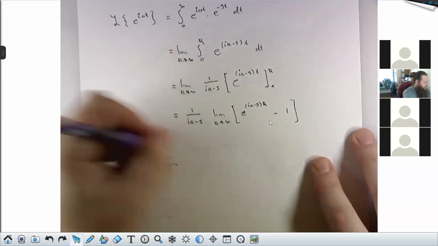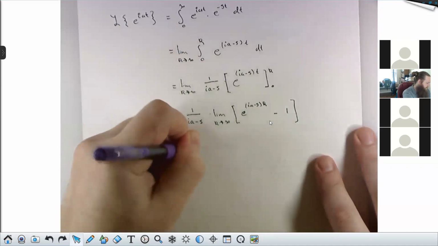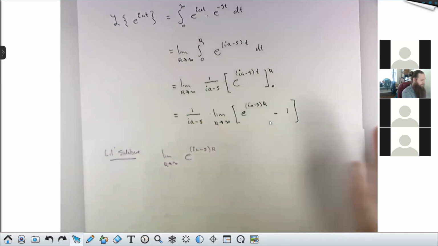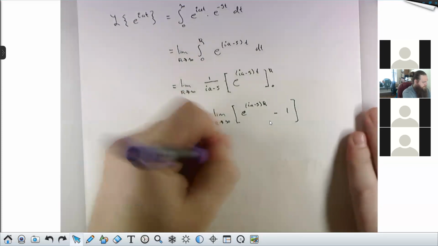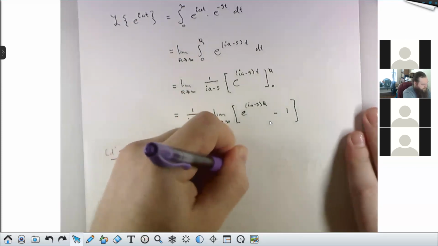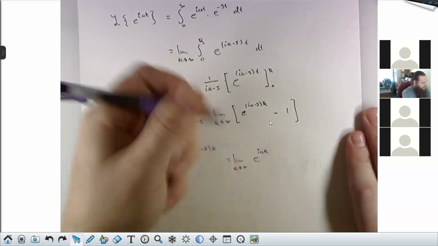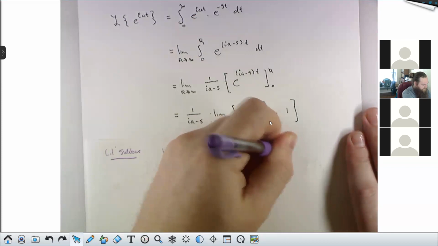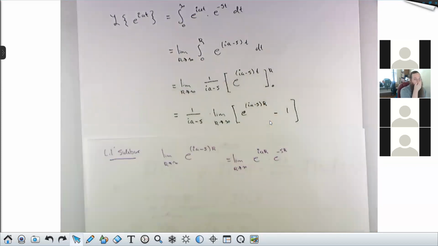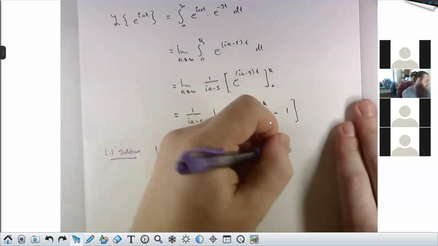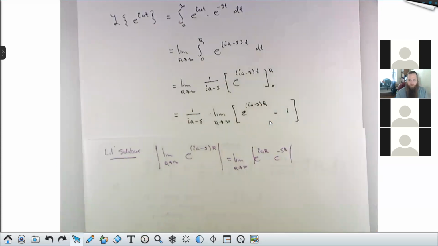The limit as r goes to infinity of e to the (ia minus s) times r is the limit as r goes to infinity of e to the iar times e to the negative sr, the size of which, I'm using absolute values here. There is a notion of absolute value for complex numbers.